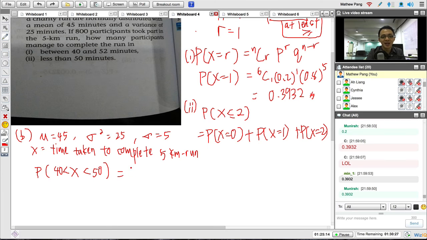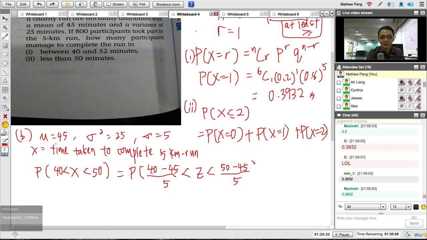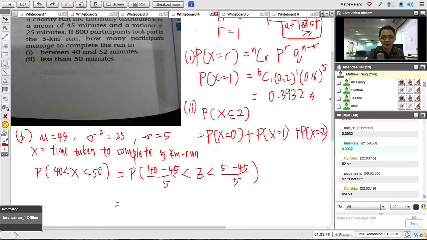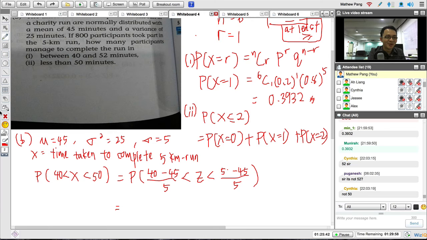Alright, how do we change X into Z? We have to use the formula. So this is the X value, X is 40, minus the mean, over the standard deviation. X minus the mean, 45, over the standard deviation. Then what we get over here is 52, not 50. Oh my god, what happened to my eyes?